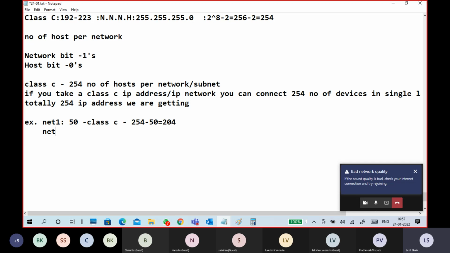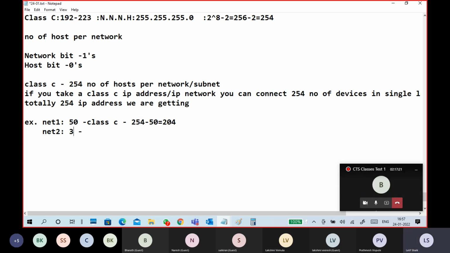I have another network. There are 150 devices. Now tell me, which class is better? Class C only, because it's 254. Okay, now I will change it.